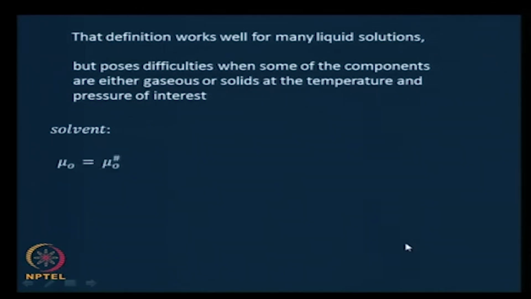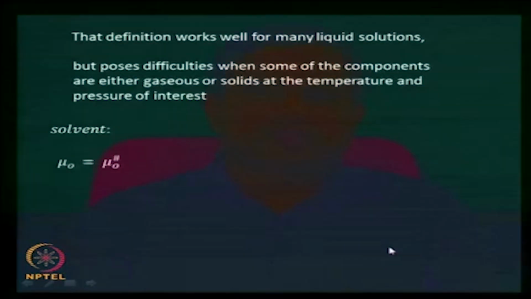This works well for many liquid solutions, except if the component is of different phases at different mole fractions. For example, at a low mole fraction it could be a liquid in the solution, at a high mole fraction or as a pure substance it is actually a solid, maybe glucose, or it could be a gas as in oxygen.